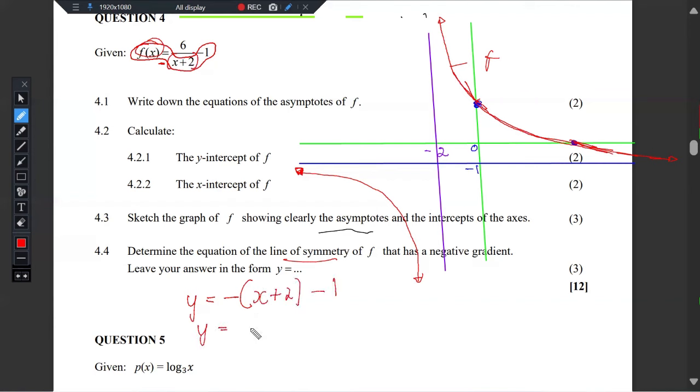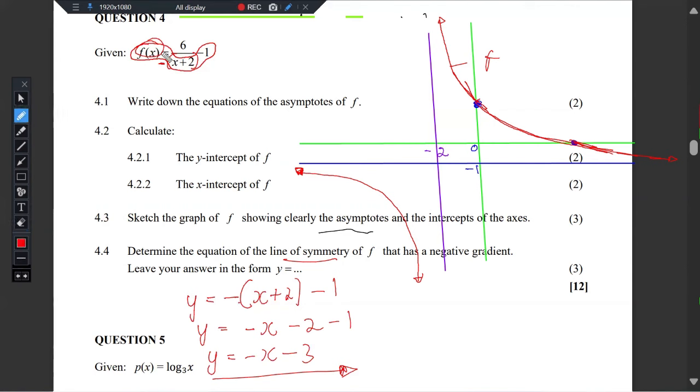So this is y is equal to negative x, and then negative times positive is negative 2, then minus 1. y is equal to negative x minus 3. Okay, sharp. That's it. y is equal to negative x minus 3. That becomes our equation of the line of symmetry with a negative gradient.